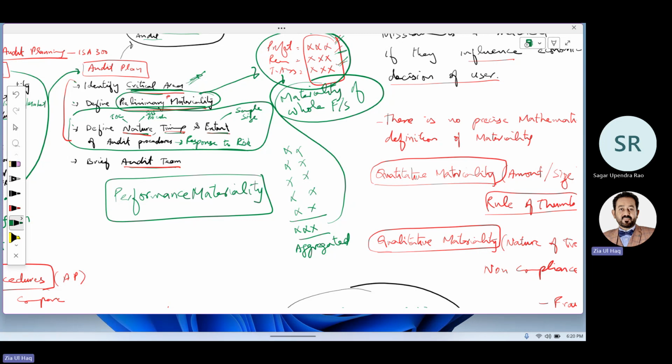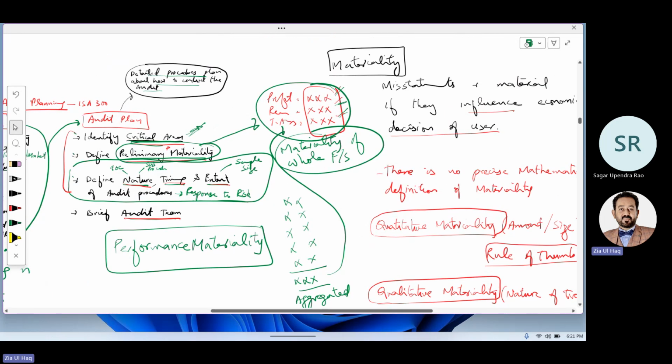Or what is the other concept of performance materiality? The performance materiality concept says, if you are finding so many small immaterial misstatements during the audit, you need to revise your materiality level, meaning reduce your materiality level.